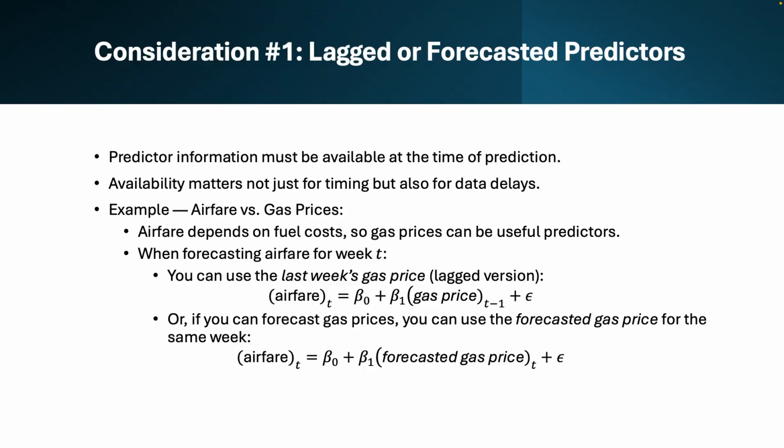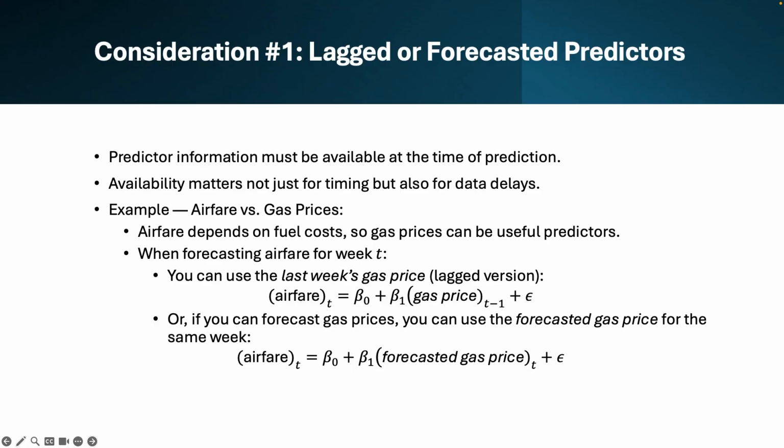Consideration one: predictor information must be available at the time of the prediction. So when making a forecast for time t, you can only use data that's already known, either past, which is the lagged values of the external variables like x_{t-1}, x_{t-2}, etc., or forecast future values if the variable itself is predictable.